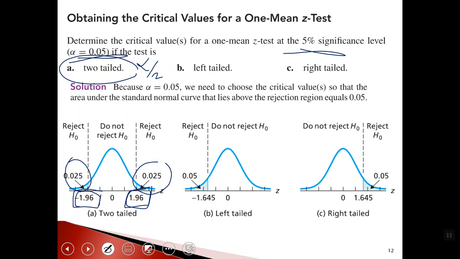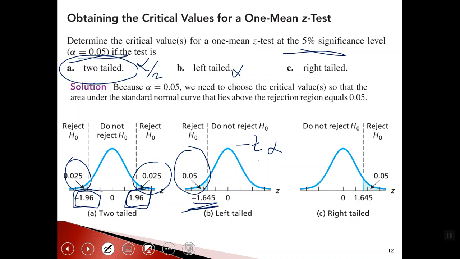For the left tail test, you can simply consider alpha. This is your Z alpha. It should be negative. Why? Z alpha you get from the right hand side, but here it is the left hand side. This should be negative Z alpha. So find the Z alpha, change the sign, then you get this value, negative 1.645.